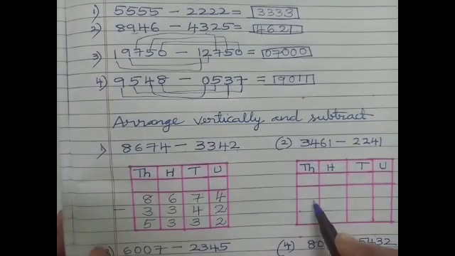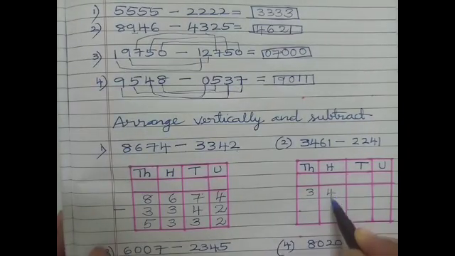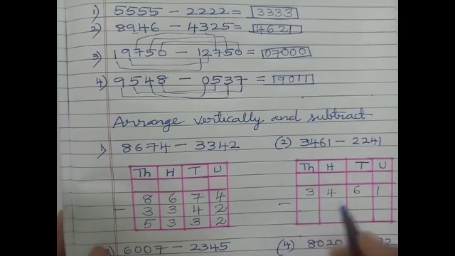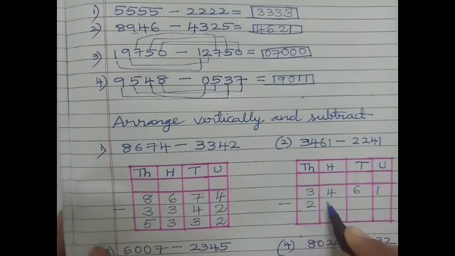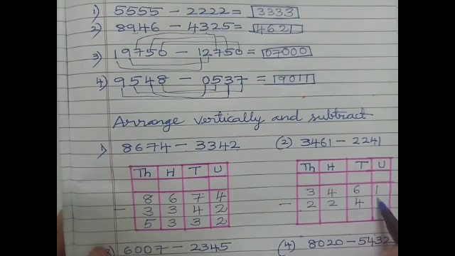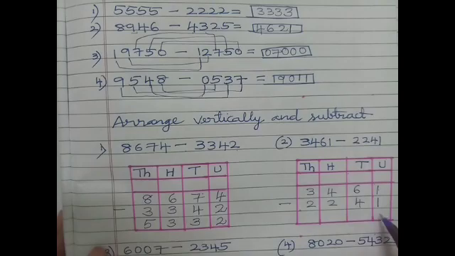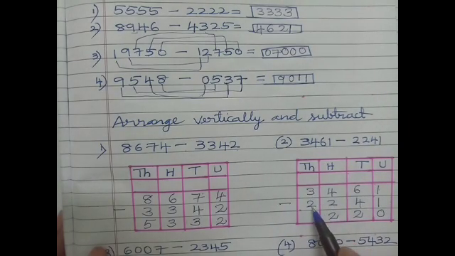Next, 3,461 minus 2,241. So 1 minus 1 is 0. 6 minus 4 is 2. 4 minus 2 is 2. 3 minus 2 is 1.